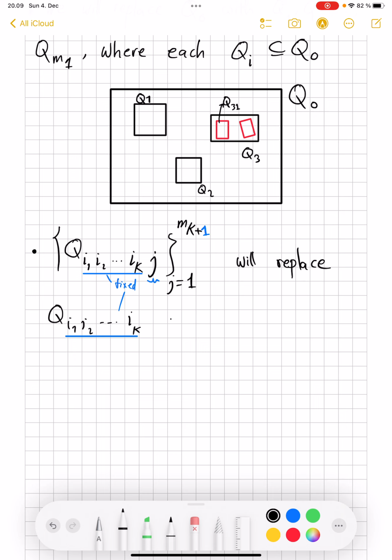So Q3 has 2 babies, and this is Q3,2. Now in turn, this is going to have its own babies. So maybe it in turn has 2. So this, for example, is Q3,2, and then the second baby. And then the first one is Q3,2,1. And of course, this will have its own babies and so on. And then we continue this construction.